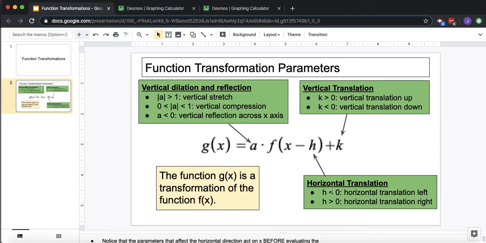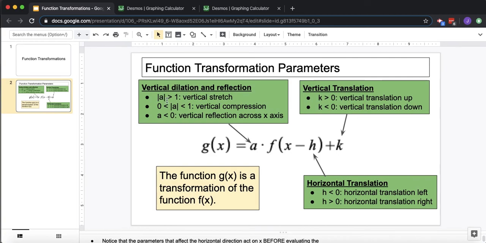So when h is negative, this turns into a plus. And when h is greater than 0, we get a horizontal translation to the right. k causes a vertical translation, and that behaves according to our intuition. And then a causes a vertical dilation and reflection.